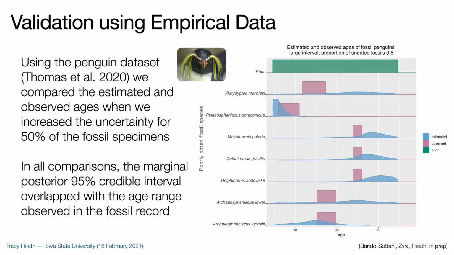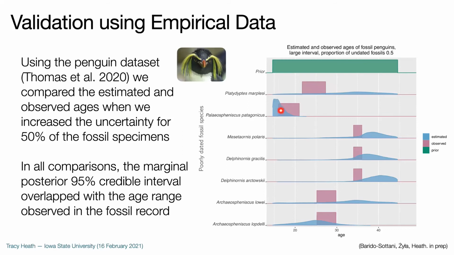And so in all of our comparisons, what we're seeing is that the marginal posterior 95% credible intervals overlap with our observed age range for each of these fossils where we extended the uncertainty for their ages.